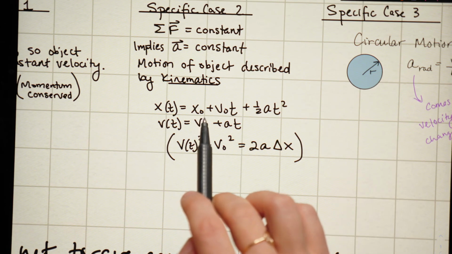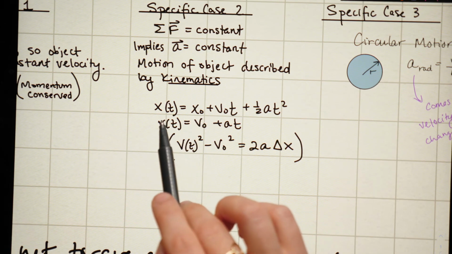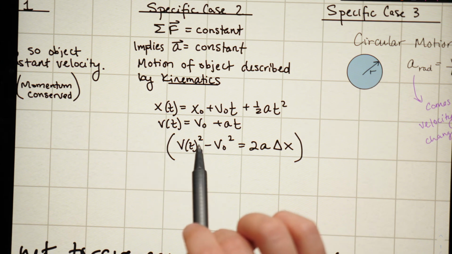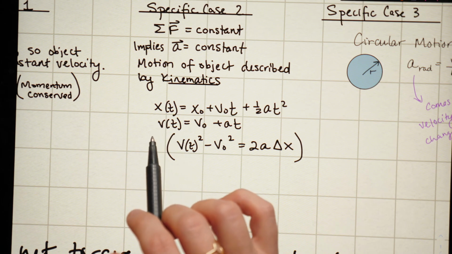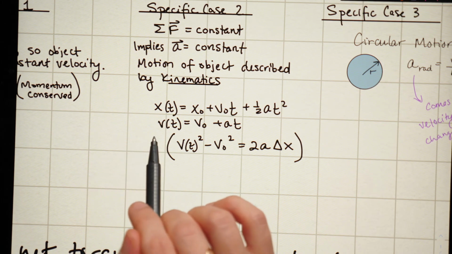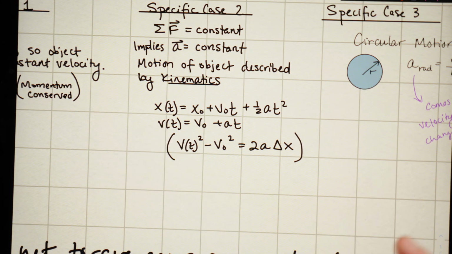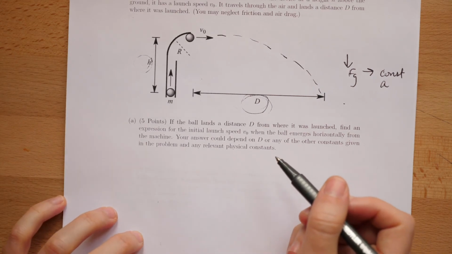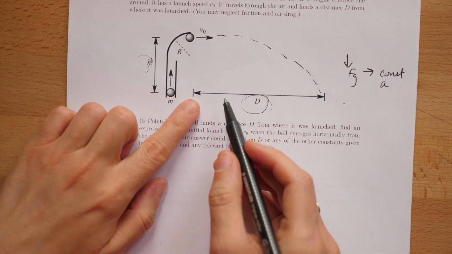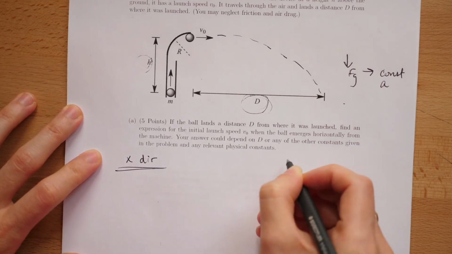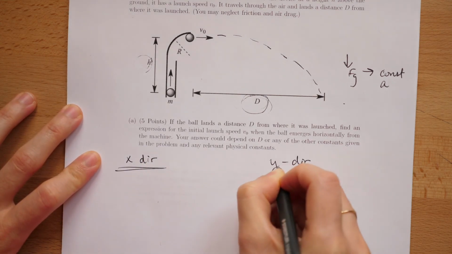So we were given the height h and the range d. Both of those are positions. So I'm going to start with the position equation for both the x direction and the y direction and see where that gets me. I think that's going to be all we need. So let's do the x direction over here and the y direction over here.